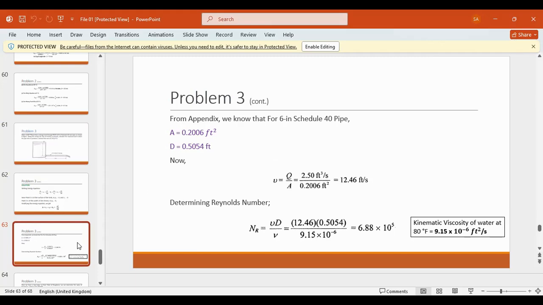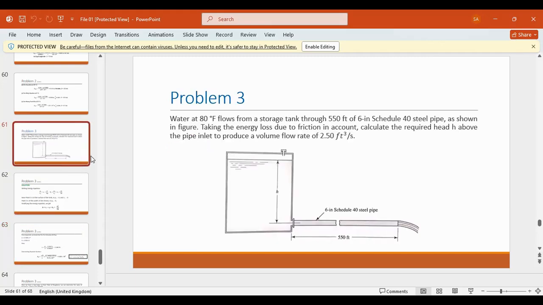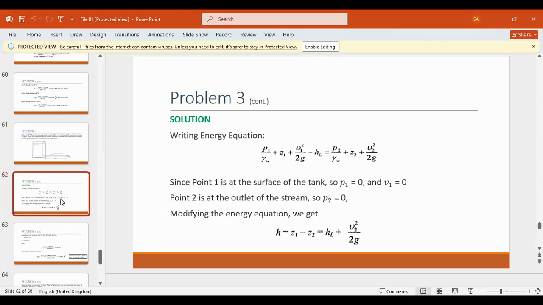Let's move towards the second step of the problem. As we can see from the question statement, we have schedule 40 and a diameter of 6 inches. All other dimensions are in feet, so we need to convert the diameter into consistent units.